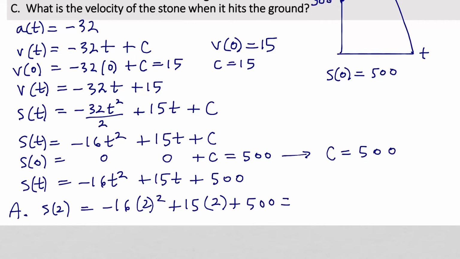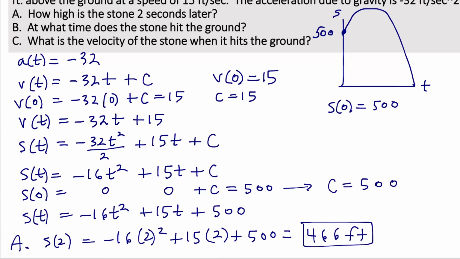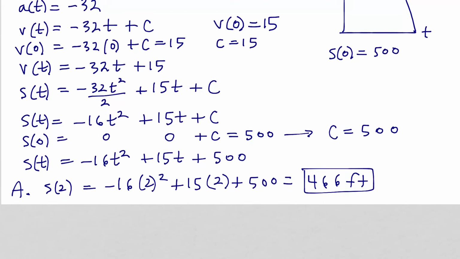And that comes out to be 466 feet. So that's the position of the stone 2 seconds later. It may be rising up to the peak; we don't know when that occurs, but regardless, at 2 seconds, it's at 466 feet.